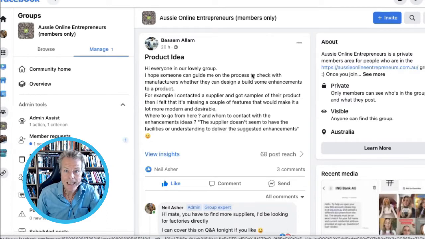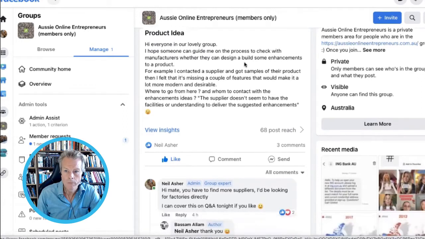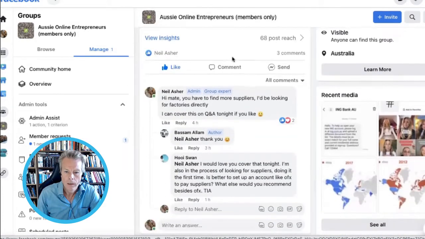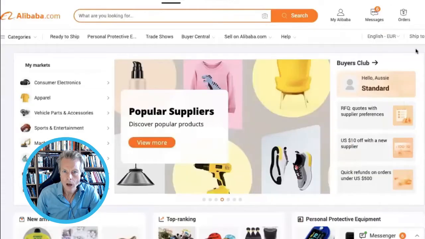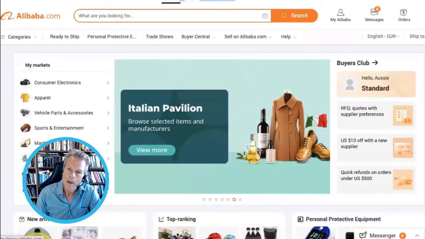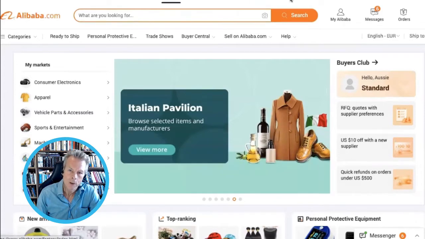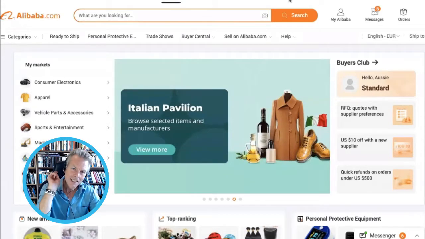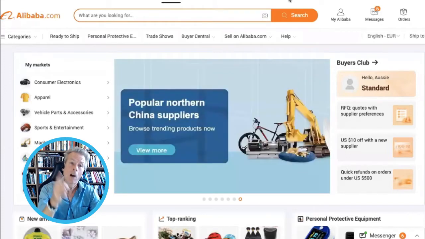So I thought it'd be kind of neat to show you how I go about very, very quickly searching on Alibaba for factories, okay? So at the very, very top up here, look at that. We've got products, manufacturers. Notice the default is products, not manufacturers.